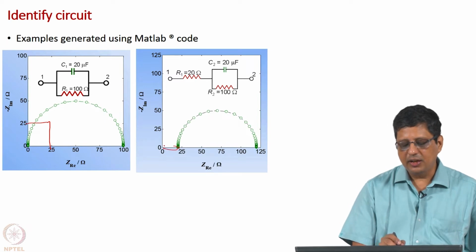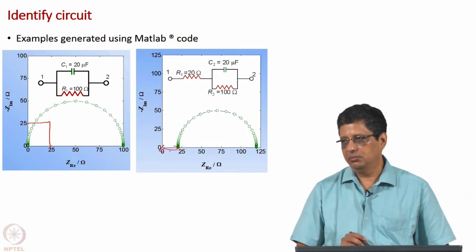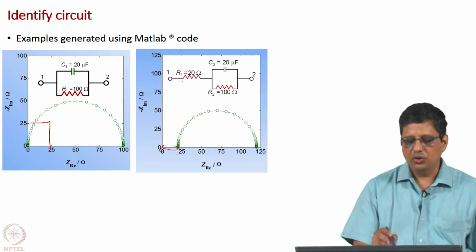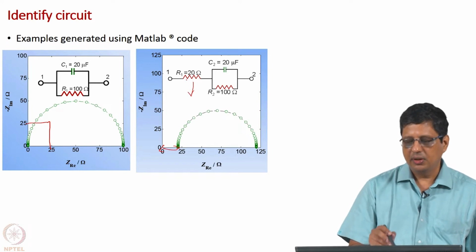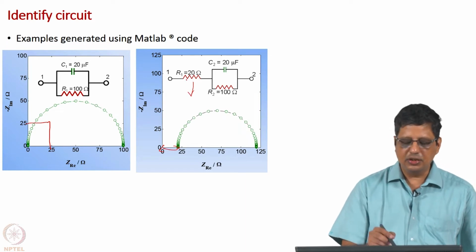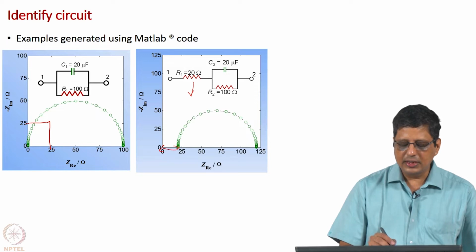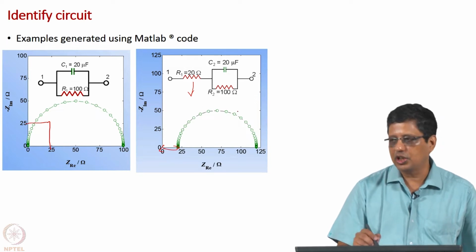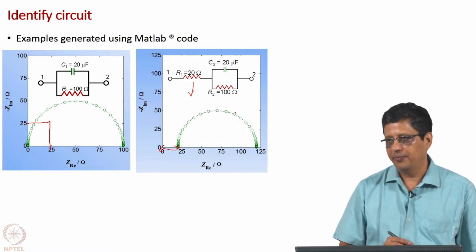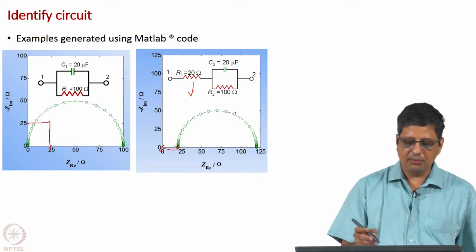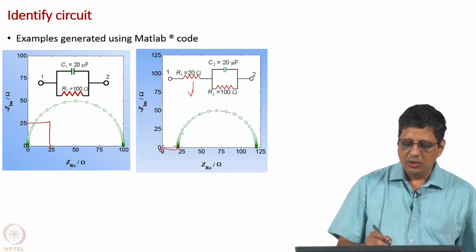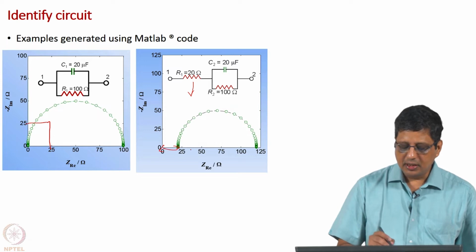If the high frequency value is offset, you will have to add a resistor to that, and this is usually what you will see, at least in the high frequency, this is going to start like this and come here. Okay. For an electrochemical system, this is what you would see, a semicircle with an offset.